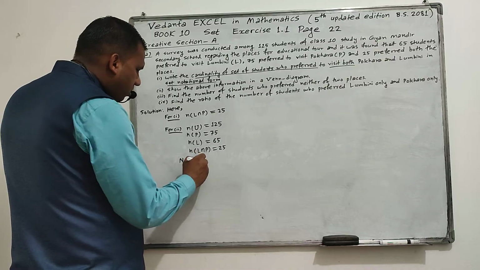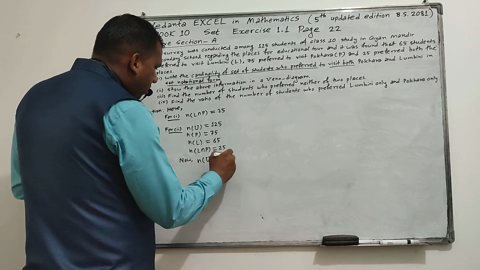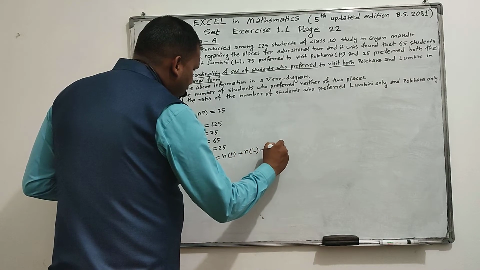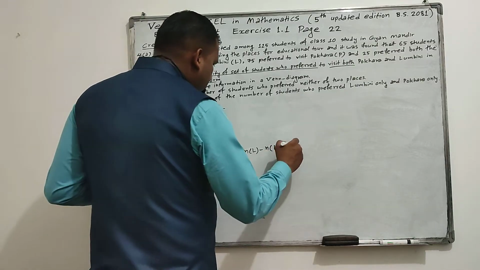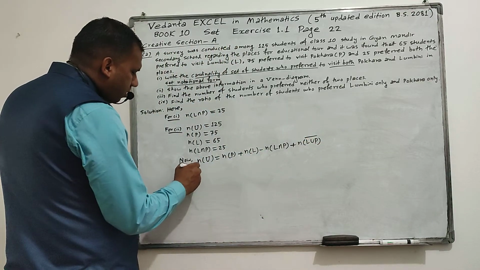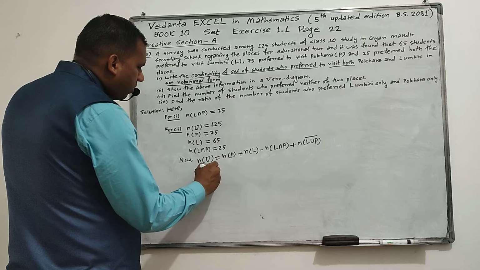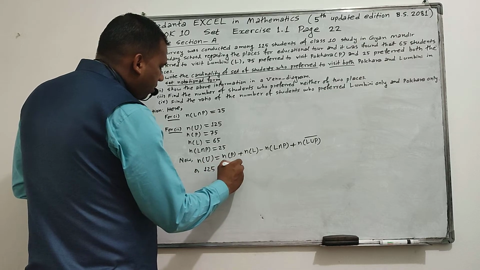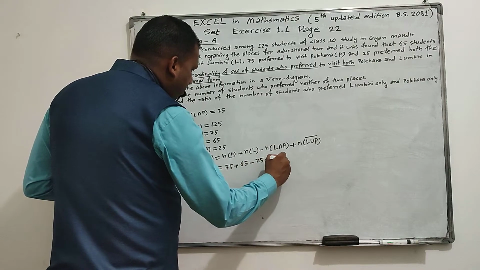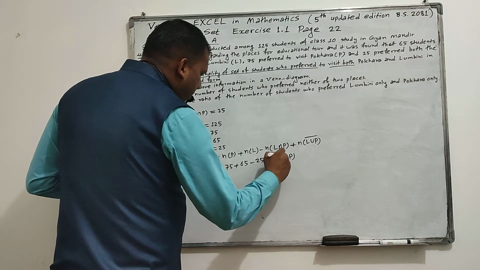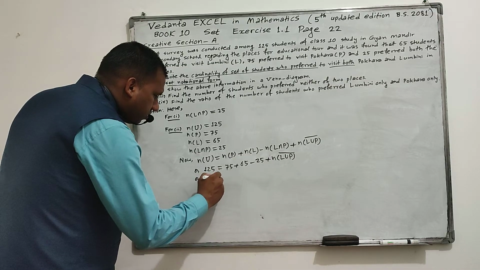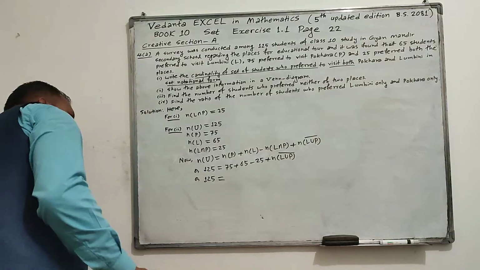Now, using the formula, n(U) equals n(P) plus n(L) minus n(L intersection P) plus n((L union P) whole complement), or 125 equals 75 plus 65 minus 25 plus n((L union P) whole complement), or 125 equals 75 plus 65 minus 25.